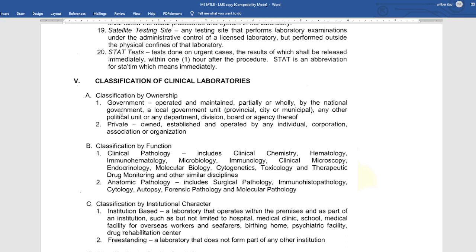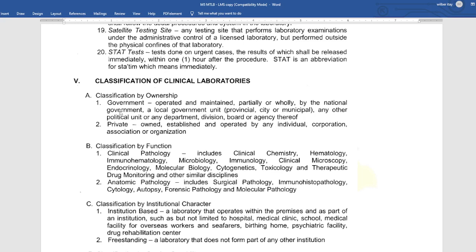Okay, yung mga district hospital, mga provincial hospital, mga rural health unit na may laboratory, those are governmentally owned. Pag private naman, of course, it is by individuals or corporations like St. Luke's, St. Paul, Holy Infant, okay? So, Divine Mercy, so those are privately owned.